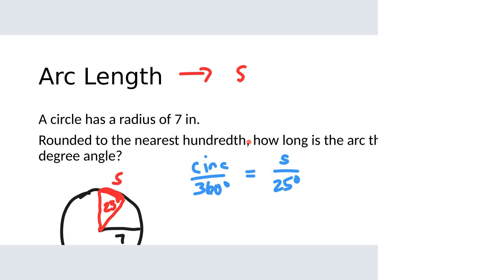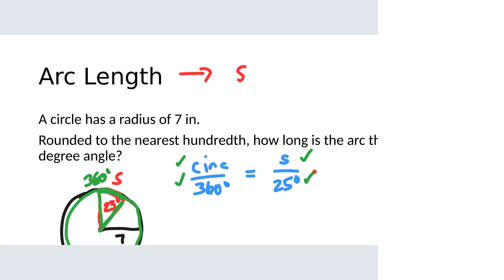Essentially, circumference is all the way around the circle, and that's 360 degrees, so we'll make a relationship between those. And this arc length that I'm after is only 25 degrees of the way around the circle, so we'll make a relationship between those. Once we solve that proportion, we'll know how big our arc length is.